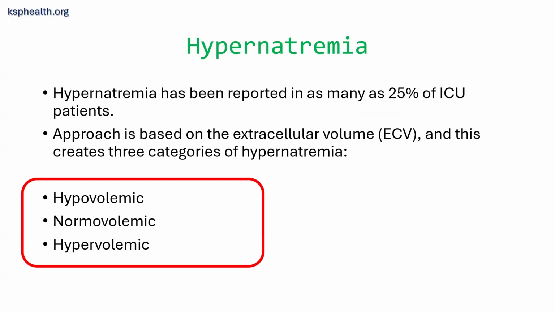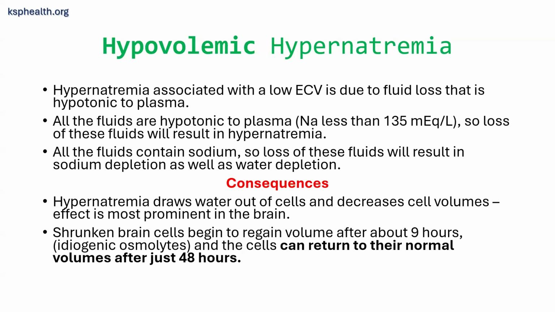Hypernatremia is reported in 25% of ICU patients. The approach to hypernatremia is based on extracellular volume, whether the patient is hypovolemic, normovolemic, or hypervolemic. Let's talk about hypovolemic hypernatremia.